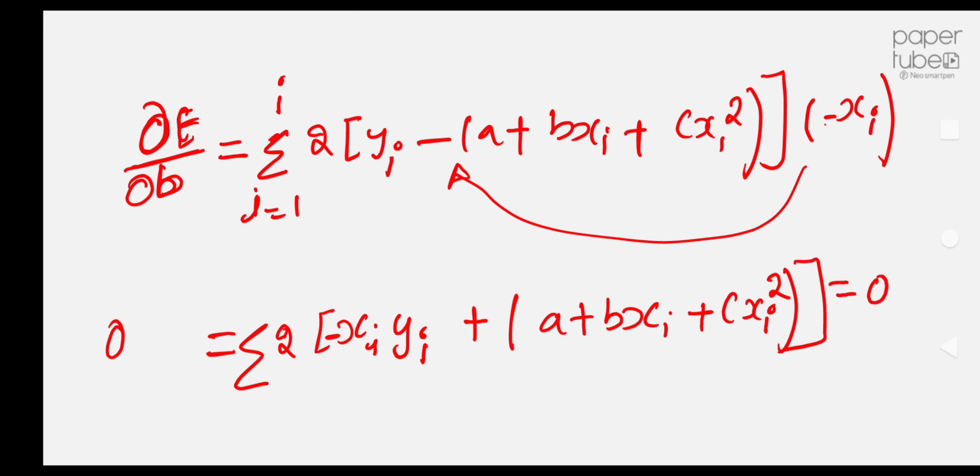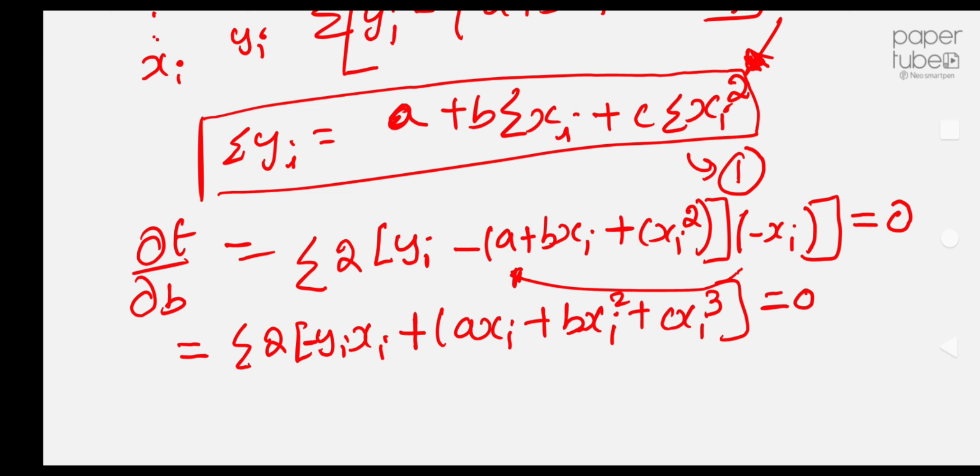That makes summation of 2 into y of I x of I minus a x of I plus b x of I the whole square. Oh, sorry, this should be minus because you have minus xi, so this whole term becomes plus c x of I cube. That's equal to 0.